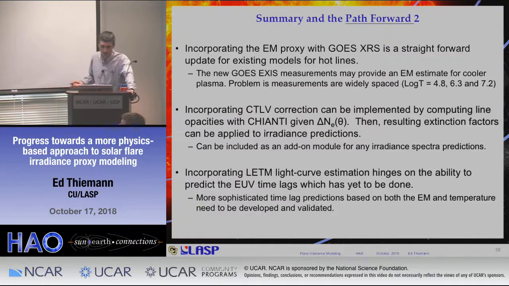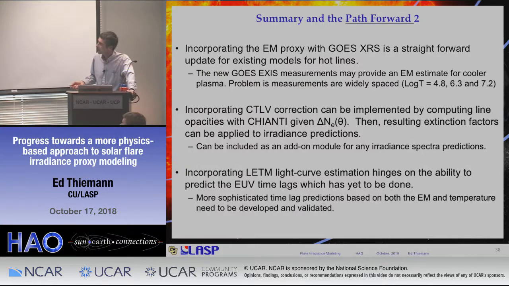Incorporating the center to limb variability correction can be implemented by computing the line opacities with CHIANTI for a given flare location. Then the resulting extinction factors can be applied to irradiance predictions. And so this really could just be an add-on to any model, something that is computed at the very last stage, and the extinction factors are just applied to the predicted irradiance spectrum.